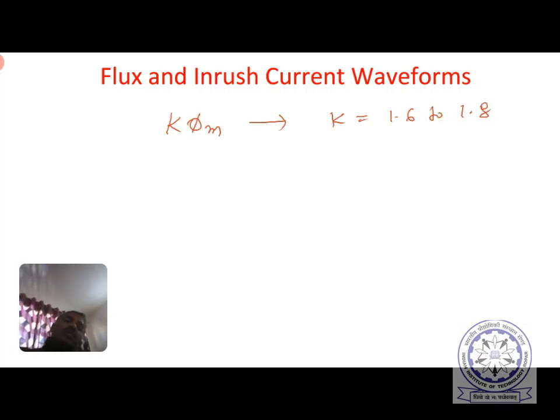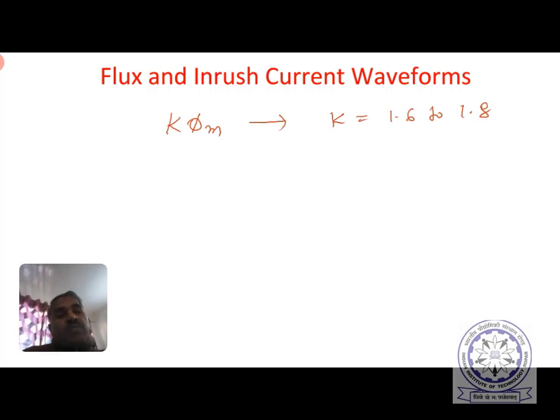Now, how is this k phi m met? The entire k phi m need not be from the transformer. In fact, it does not all flow through the transformer core. Some portion of the flux must flow through, because beyond a certain value of flux, increasing the flux becomes difficult in the core.